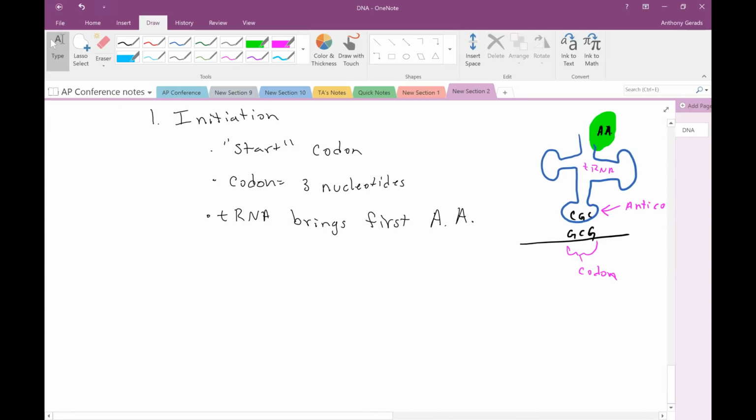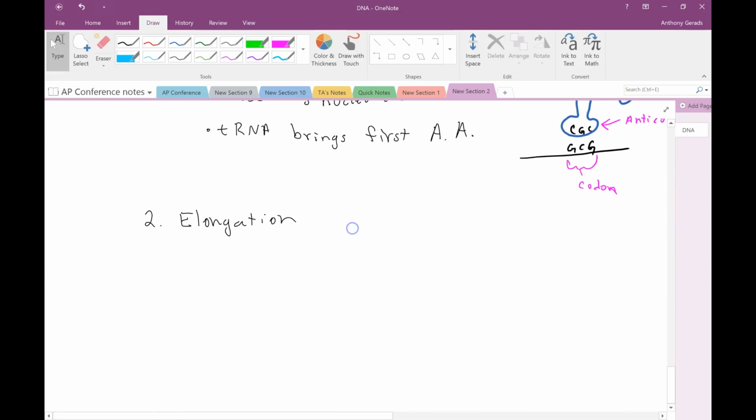Step 2 is elongation. On the ribosome there are 3 sites: the A site, the P site, and the E site. The A site is where the new tRNA approaches with the amino acid that needs to be brought in.